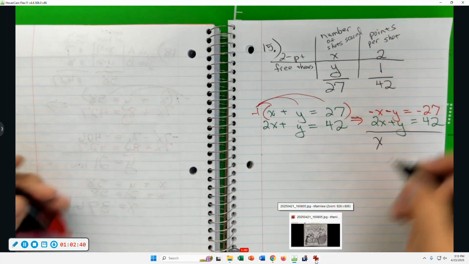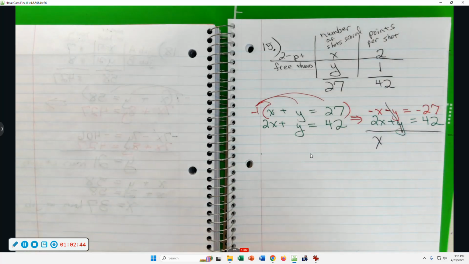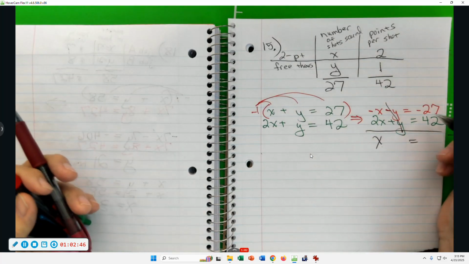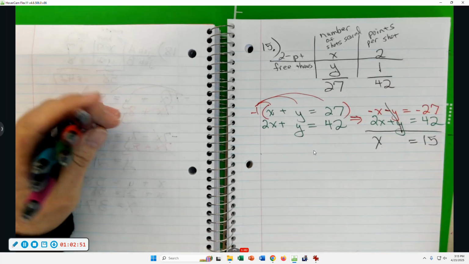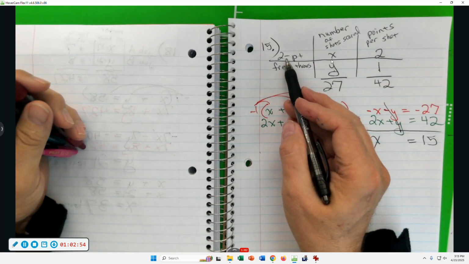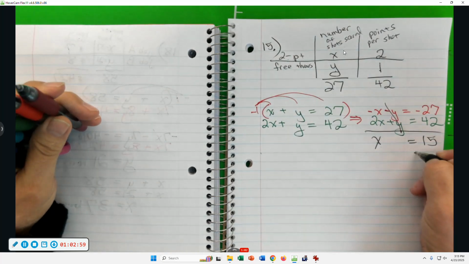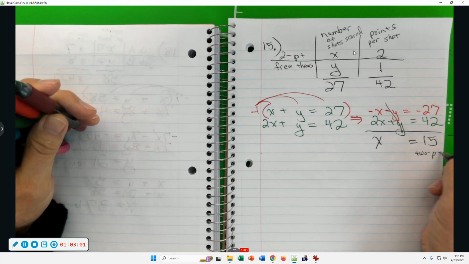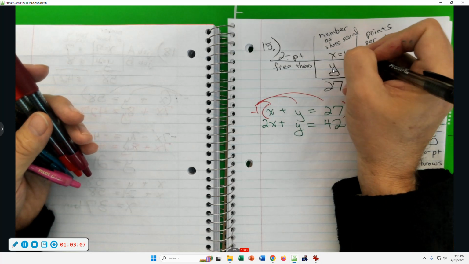What's about to happen to the y's? So, negative 27 plus 42, is that a positive 15? And so x, that's the 2-point throws. So this player scored 15 2-point throws.